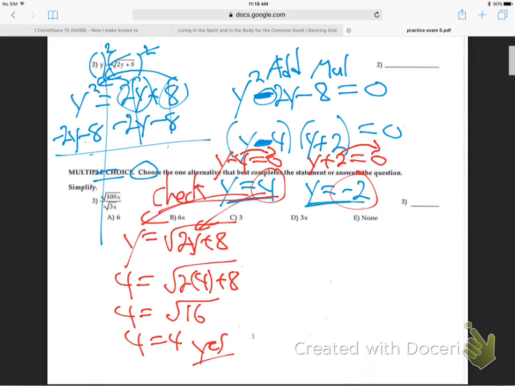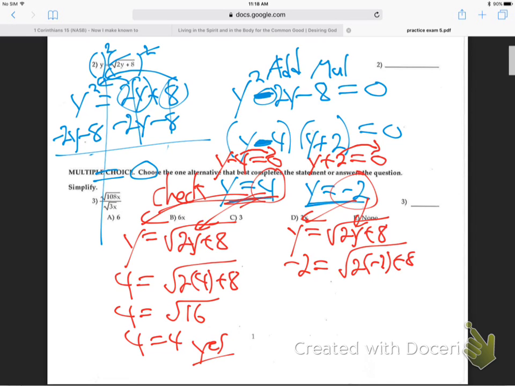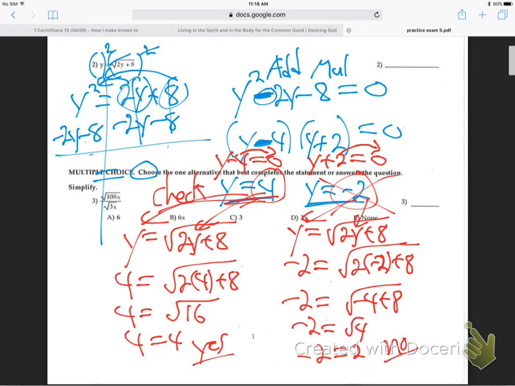So the 4 is the keeper. How about the -2? If you plug in the -2, it's not going to work. So -2 times 2 is -4 plus 8, so -2 equals root of 4. -2 equals 2? No. So throw away the -2.